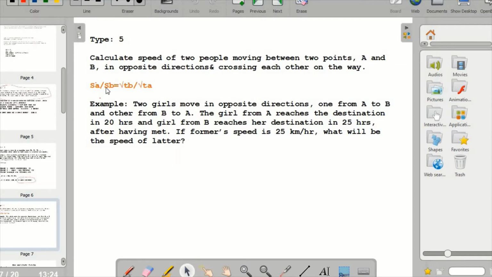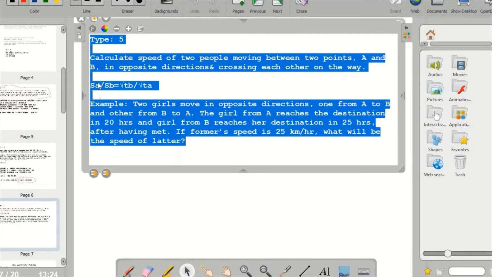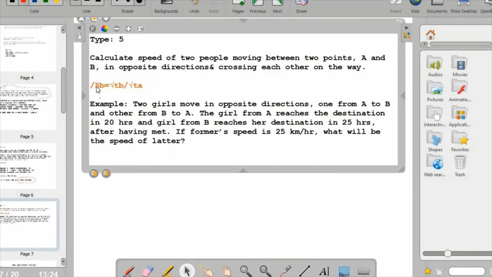Here we have the formula: average time of speed of A, speed of B.